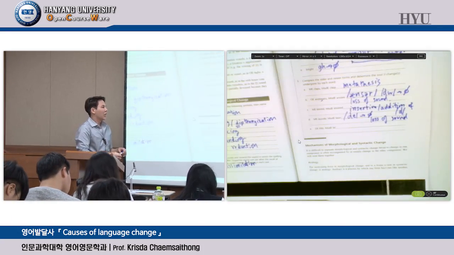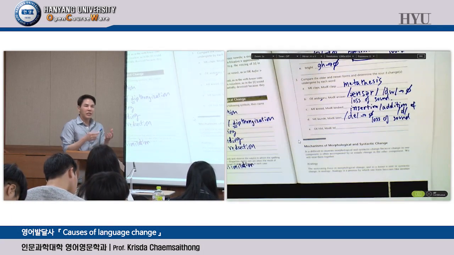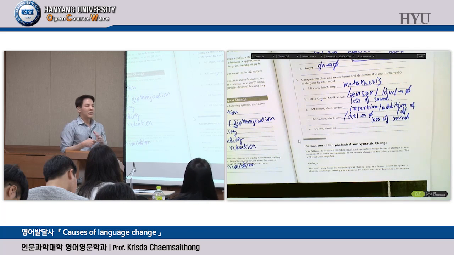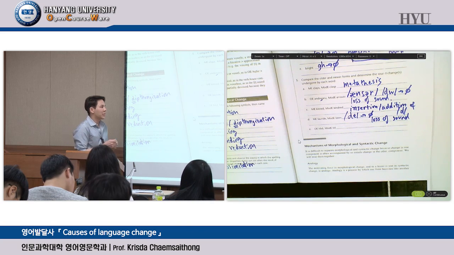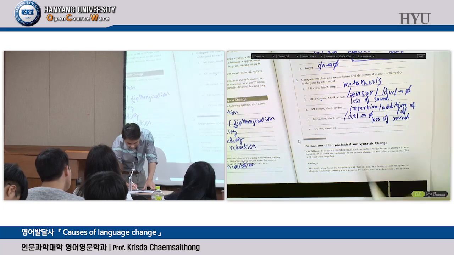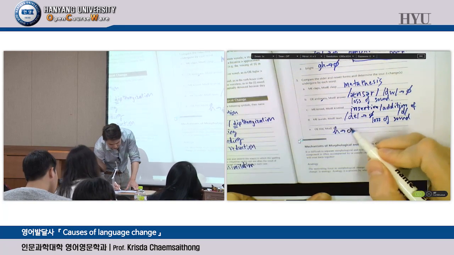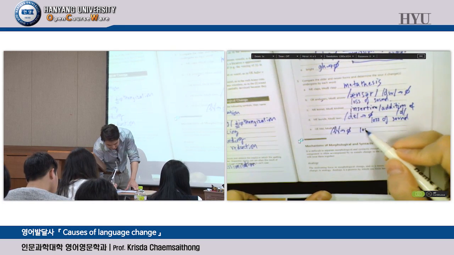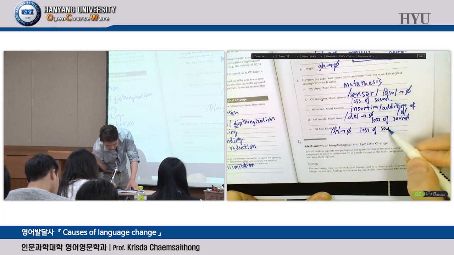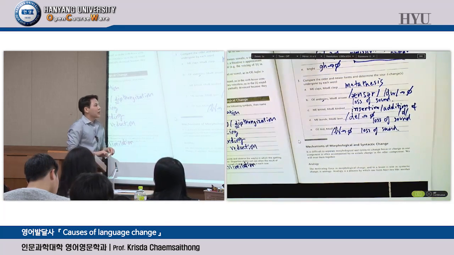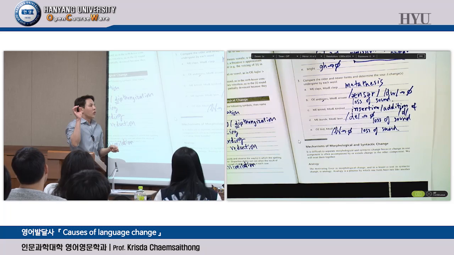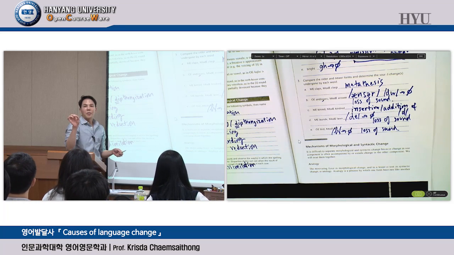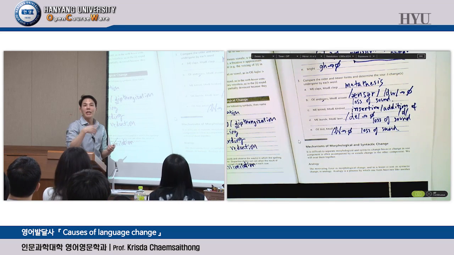Number E, halid, which is lid, to just lid. So this one is easy, right? So H is 0, so loss of sound. Sometimes it's not only the loss of sound, but also the spelling, right?